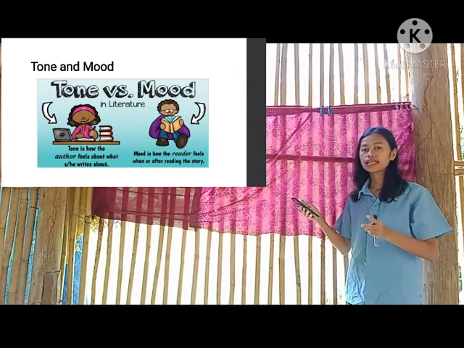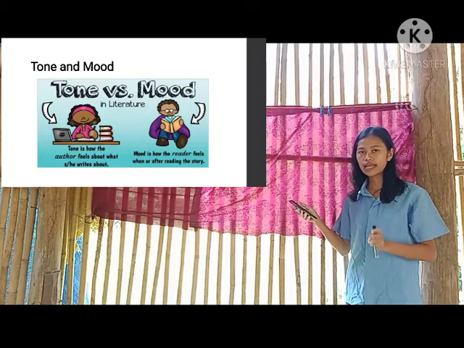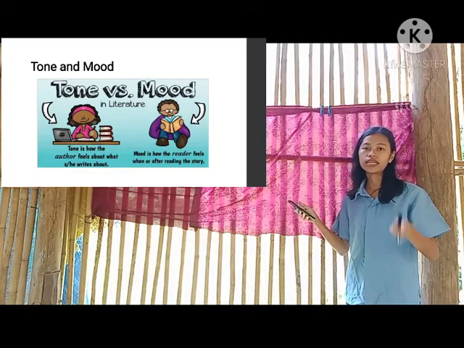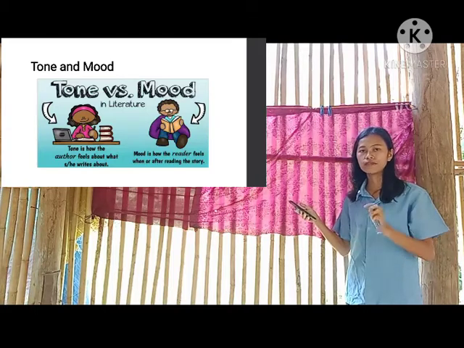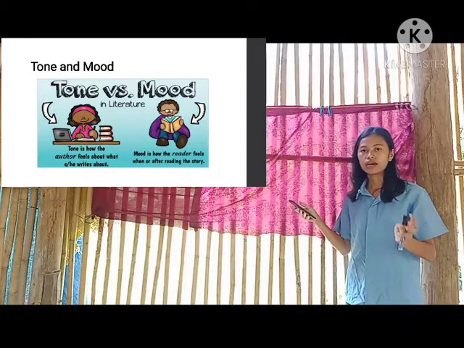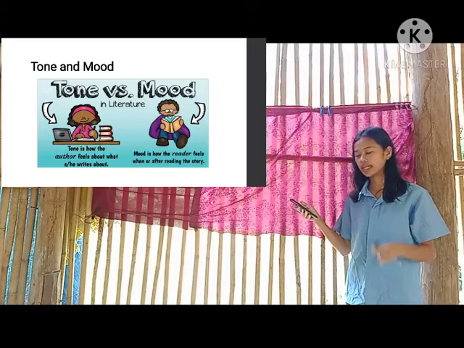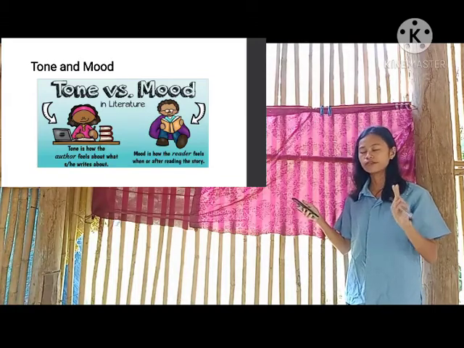So, that is the difference between the tone and the mood. Tone is about the feeling of the author while writing, but mood is the feeling of the reader during or after reading the story of the author. So that is the difference.